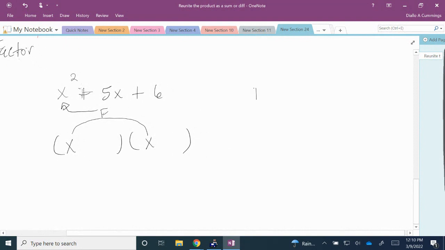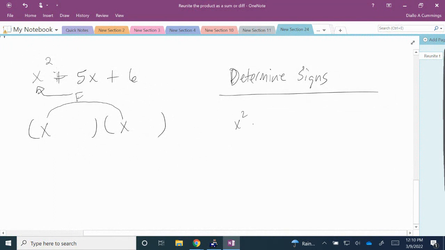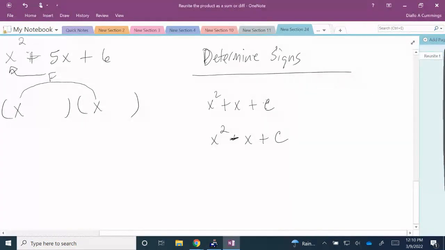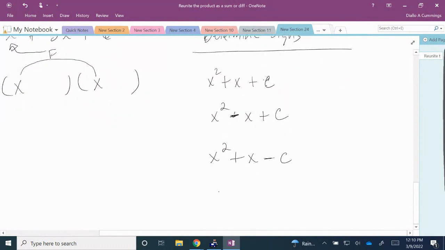The next thing you want to do is determine your signs. So when you determine signs, x squared plus x plus c, x squared minus x plus c, x squared plus x minus c, and x squared minus x minus c.